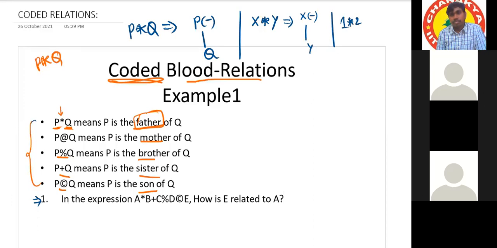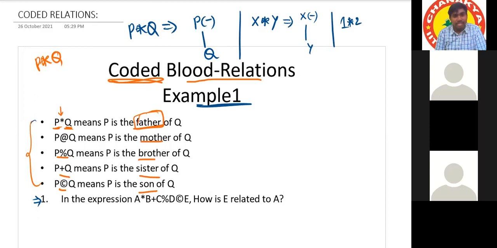Sir, are these real life codes, or are these just thoughts you made up? No, these are not real life codes. For this example, I have used these symbols.